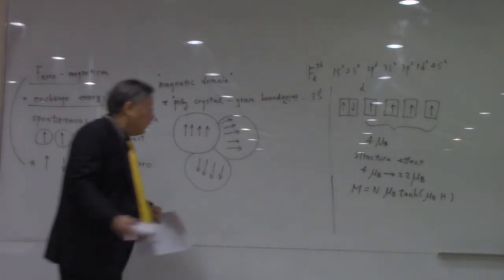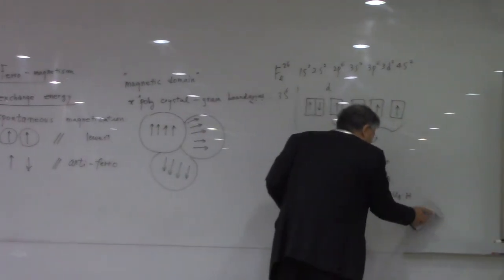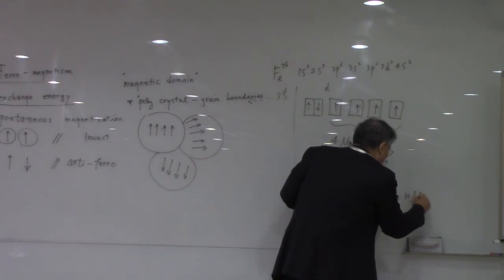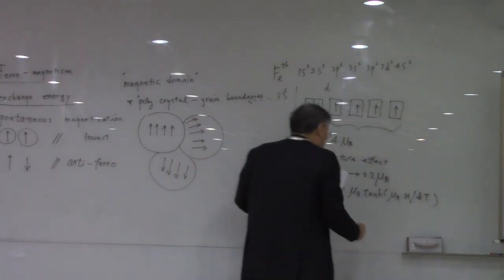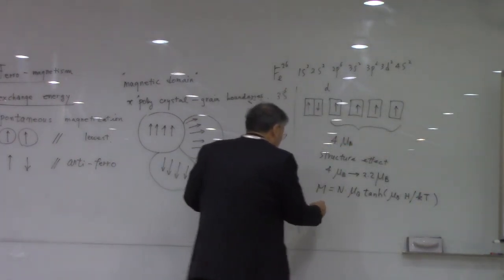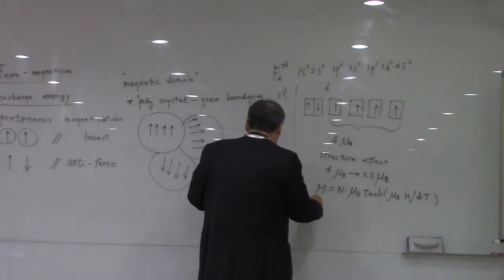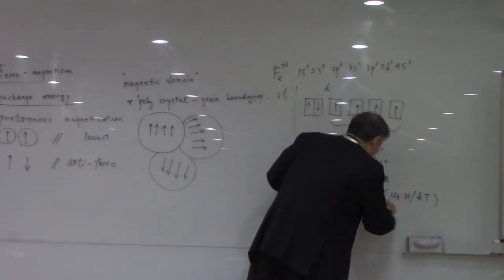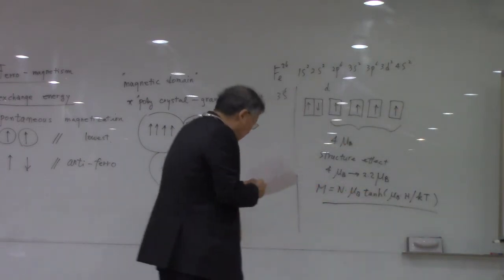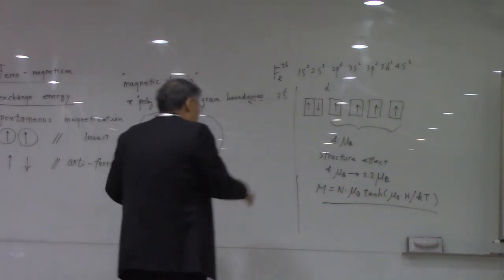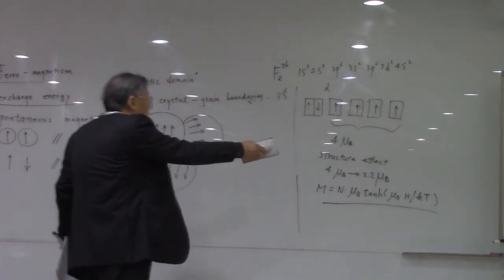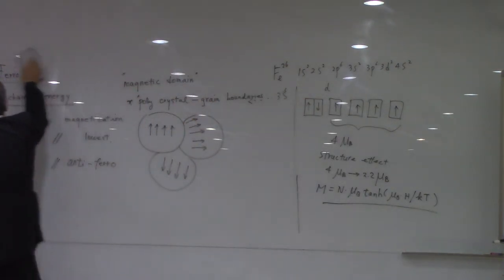That is the temperature dependence of this, over kT. And you can deduce this equation in the text. We are not going to go into the details of this, but it is related to the unpaired electrons.